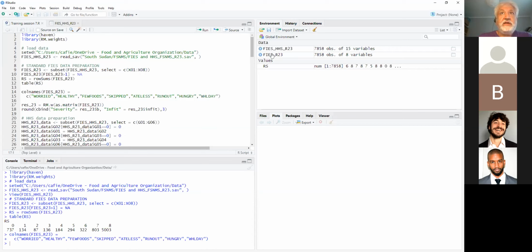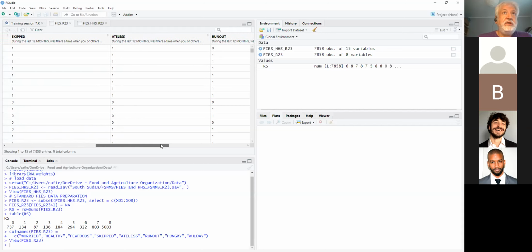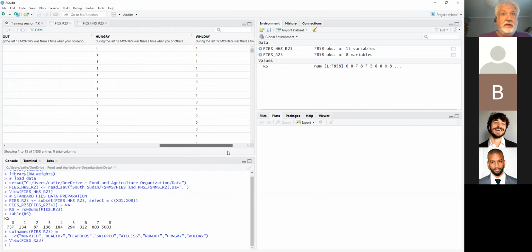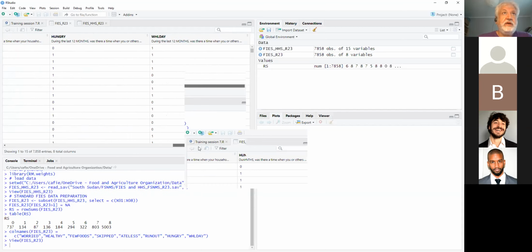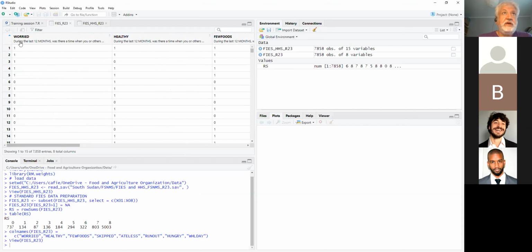So now we have a data set coded as we need, with only 1, 0, and NAs, meaning 1 when the answer was yes and 0 when the answer was no. Now you notice that here we have a reference period of 12 months, and this is something that we need to take into account.